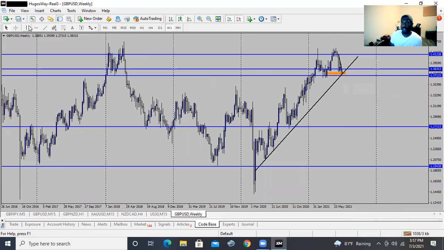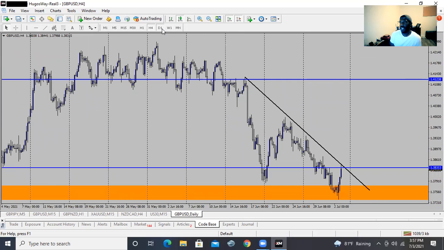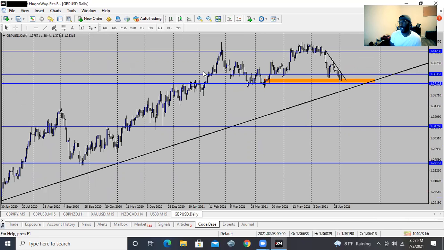So those are levels that the market could target. You also have a nice level right here at 131 that the market would target if we break out of this overall uptrend move.